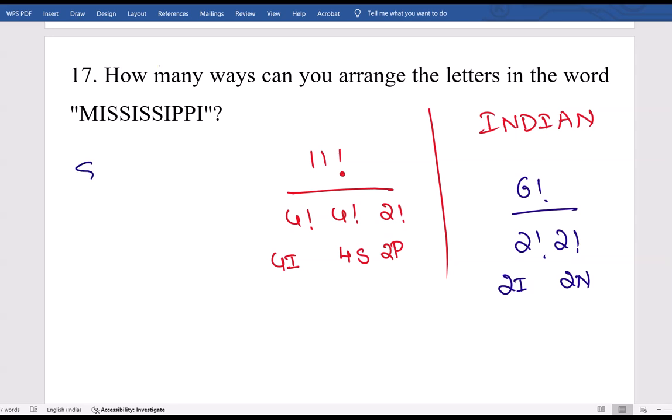Let's say Sachin. How many letters? Divided by nothing because nothing is repeated. We divide by factorials only because of repetition of letters. For Sachin, directly 6 factorial.